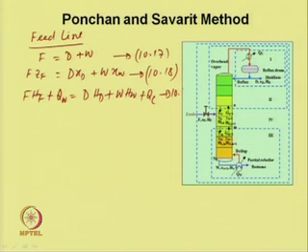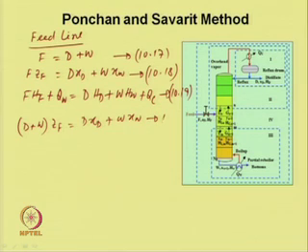So, it is 10.19. If we substitute from 10.17 in 10.18, we will have (D plus W) Z F would be equal to D x D plus W x W, which is equation 10.20.